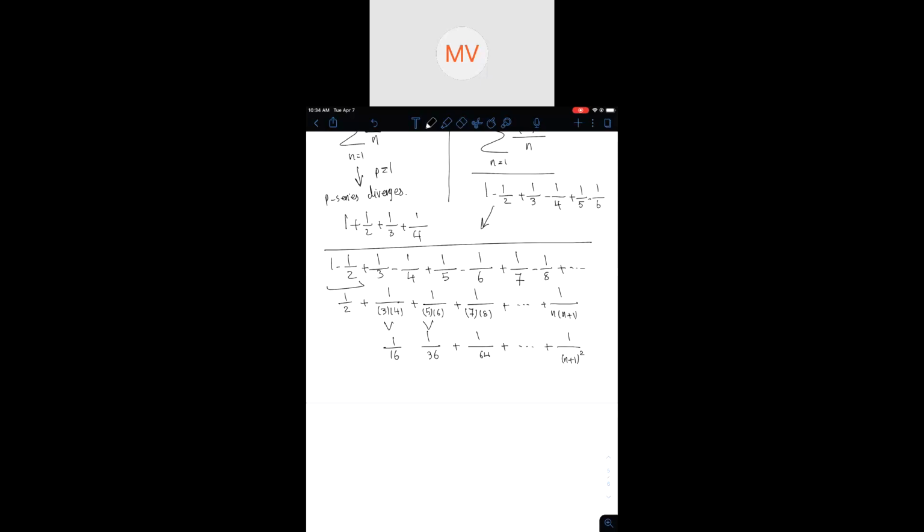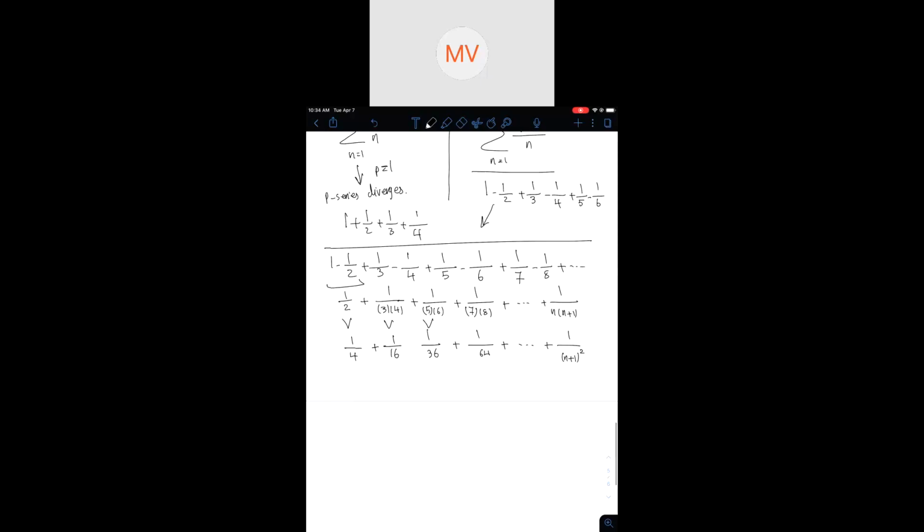And this one is bigger than 1/4. How about that? So you can see the pattern.